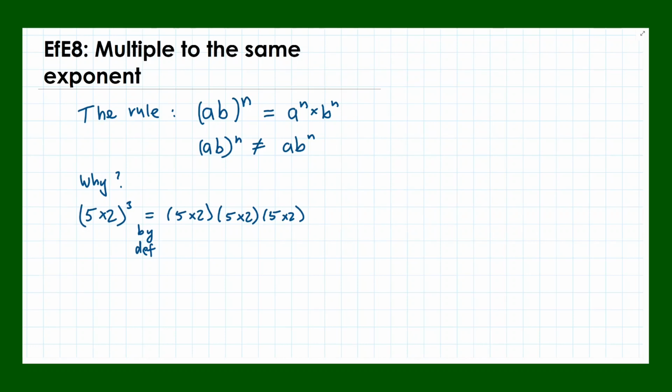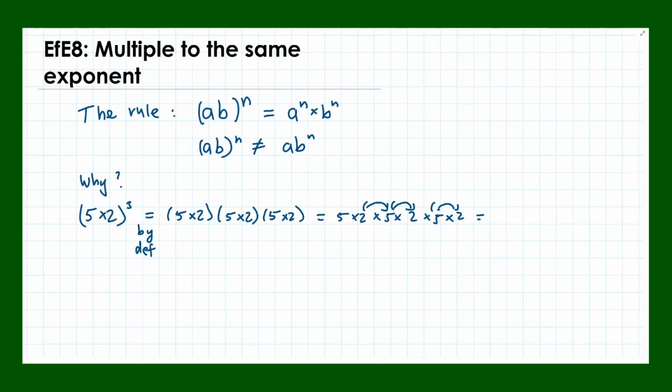When there's nothing in between brackets, that's always multiplication. So I can rewrite this as 5 times 2 times 5 times 2 times 5 times 2. One more thing that we need to remember is that the order of multiplication can be changed. So, for example, I can switch these two, and these two, and these two all the way around.